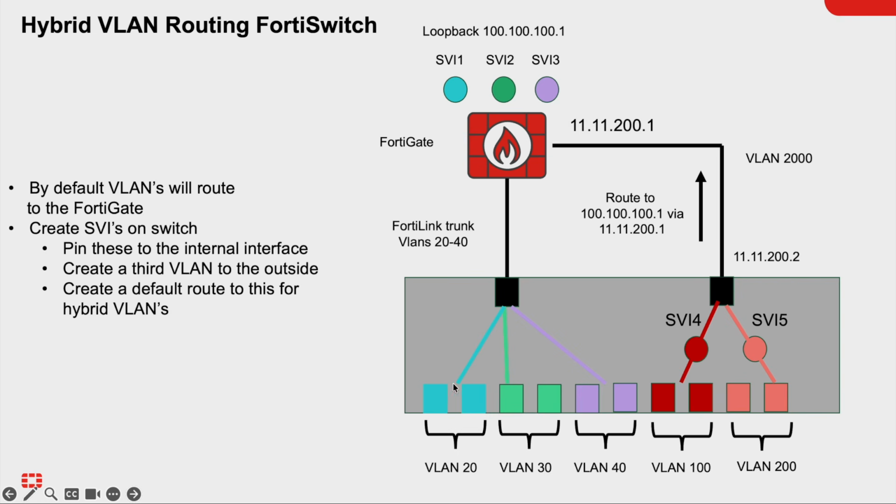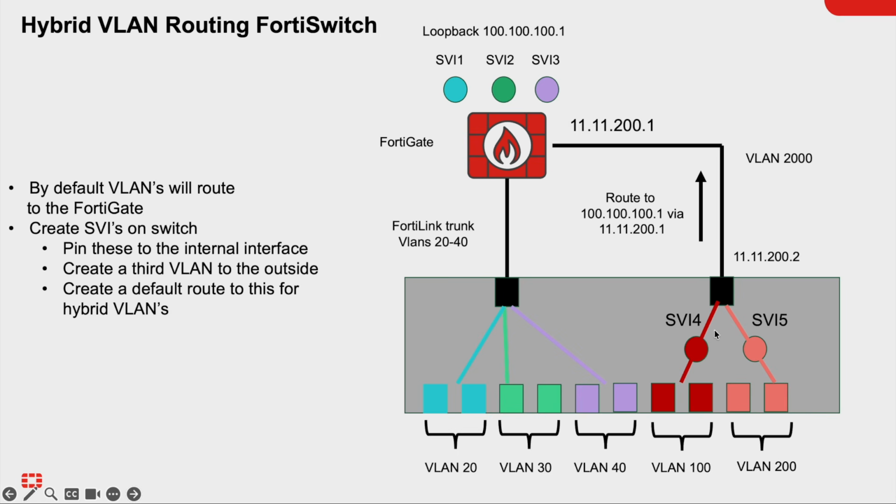So in essence, what would happen here is if I stood up VLANs 20, 30, 40 on the FortiGate, and I then stood up VLANs 100 and 200 directly on the switch, the next time I made a VLAN change here, the FortiGate would simply delete these two. So we need to make sure that we do all of that.